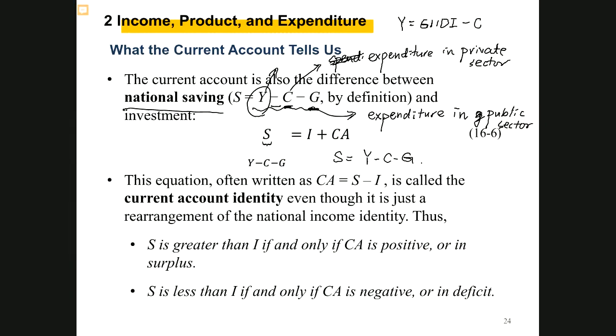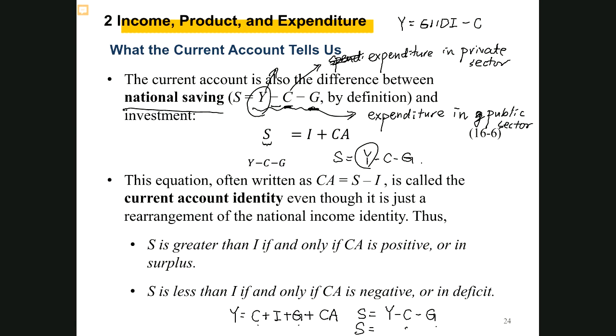Okay, so if we plug in Y, Y is equal to C plus I plus G plus CA, right? And S is equal to Y minus C minus G, right? So what is this one? What is S? What remains: C and G will cancel out.